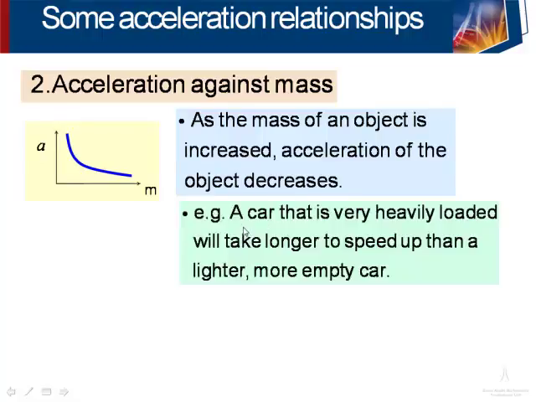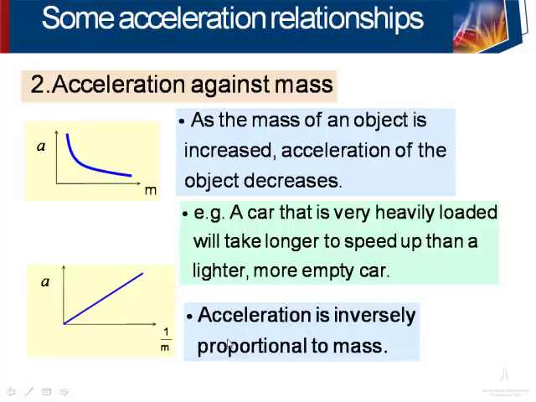So an example of this would be a car that is very heavily loaded with a greater mass will take longer to speed up or accelerate than a lighter, more empty car with a lower mass. So the higher the mass, the lower will be the acceleration. This relationship, if you plot the acceleration on the y-axis versus 1 over the mass, will then give you a straight line graph passing through the origin.